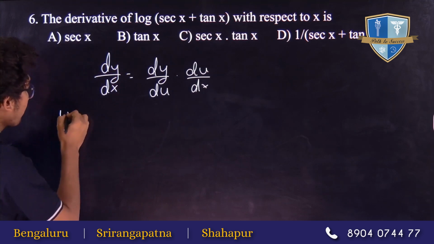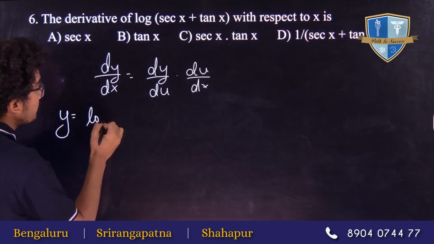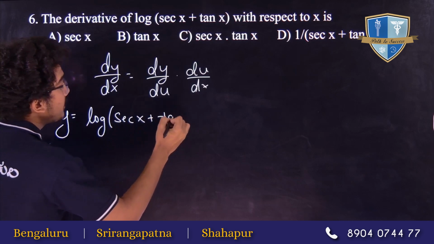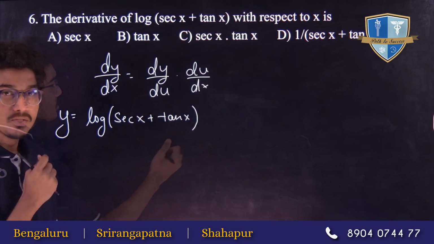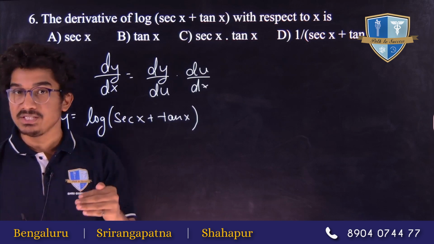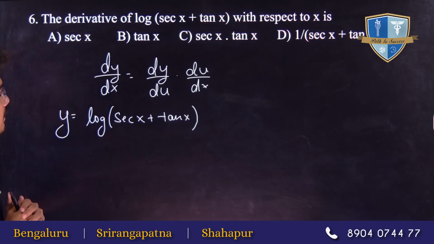So we have y is equals to log of sec x plus tan x, correct? Now when do we use this method? We will use this method whenever we are seeing a function inside a function. How is it a function inside a function?